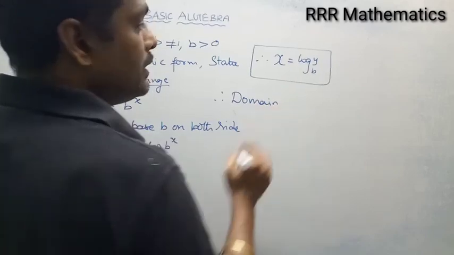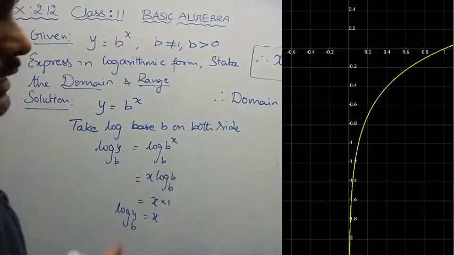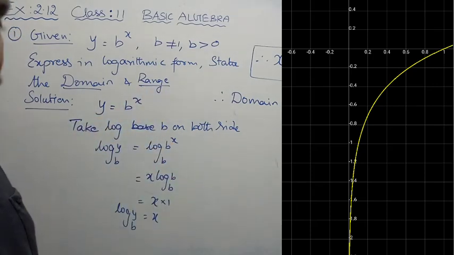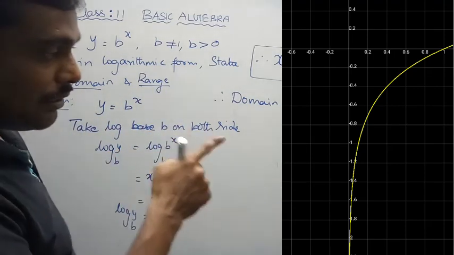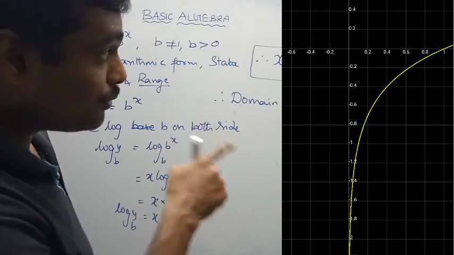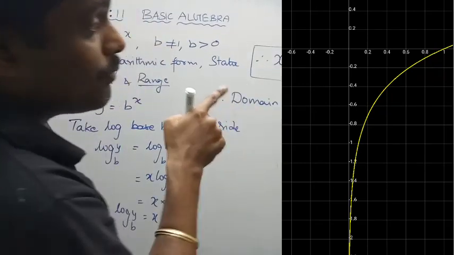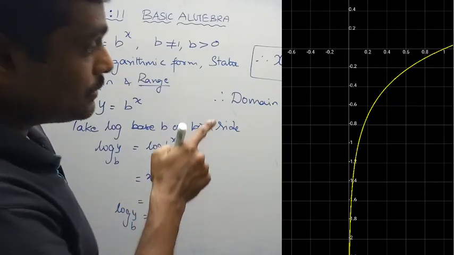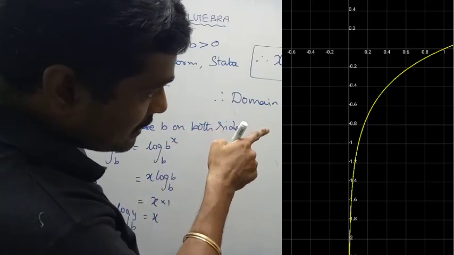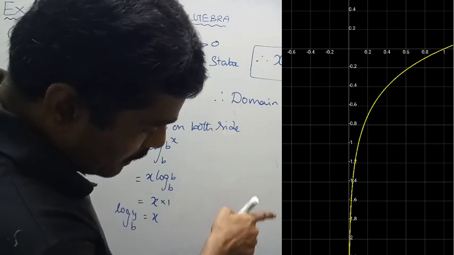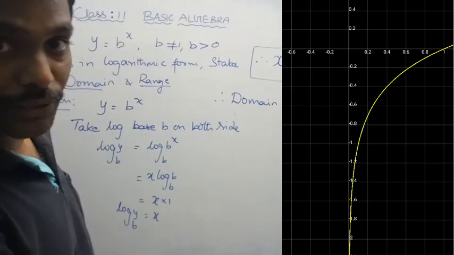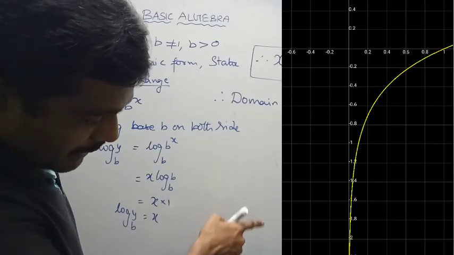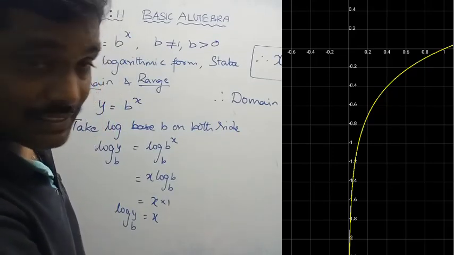When you see the logarithmic graph, log takes only positive values. See the figure, log y base b, the input value is only positive. So it never touches 0. See the graph, it keeps going, comes down, but it never touches 0. It becomes almost parallel to the axis, but never touches the axis.